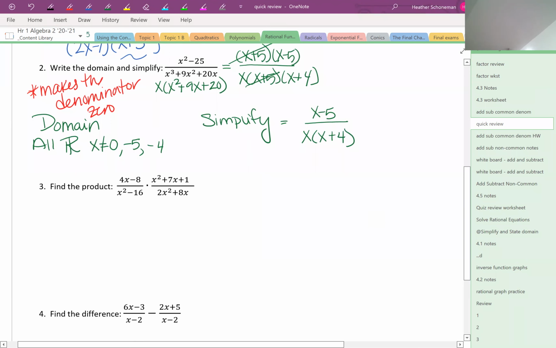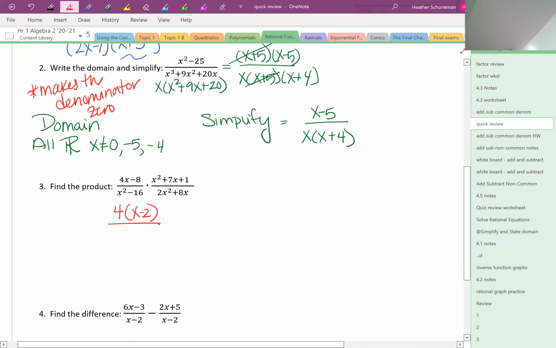All right, let's try number 3. Number 3 wants us to find the product, which means to multiply. But to do that, we have to factor. So let's see if we can factor this. 4x minus 8 looks like it doesn't factor, but it does. I can take out the greatest common factor of 4, and I get x minus 2.